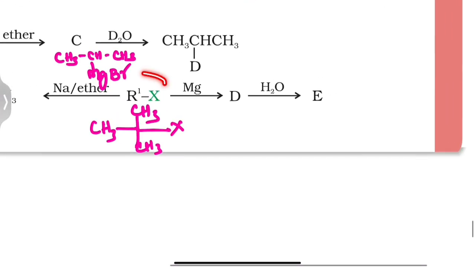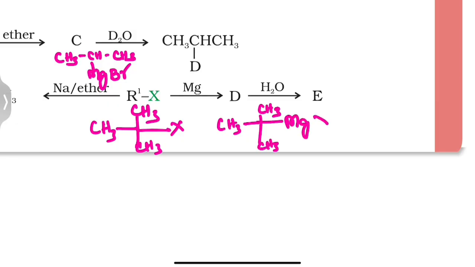And on this side, when you are treating with magnesium, this is a Grignard reagent. What will happen? Between this carbon and magnesium a bond will be formed. So it will be CH3, CH3, CH3, MgX.